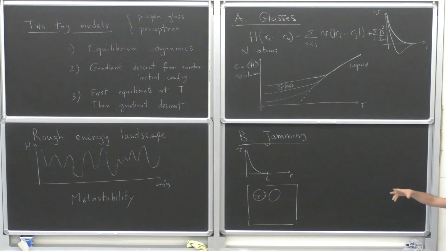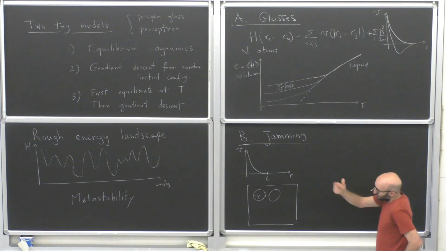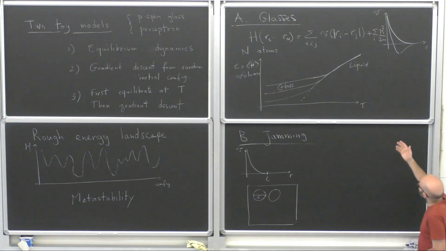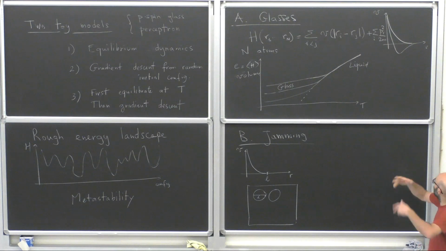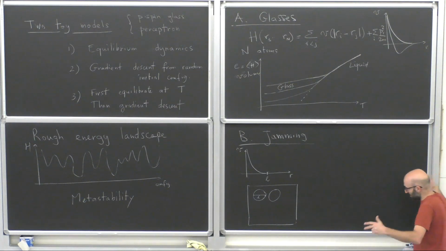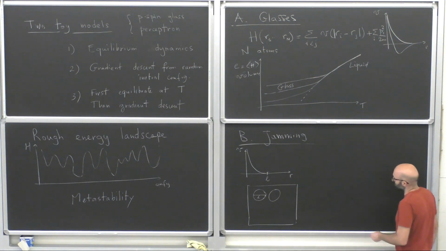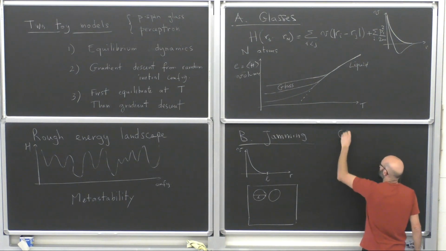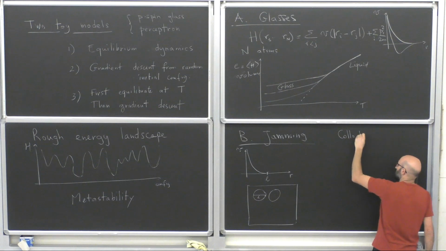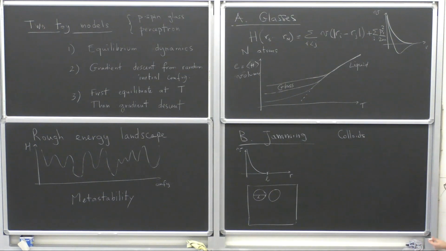This is not usually the case in atomic glasses, because there is always some long-range tail in the force. But this is the case in many systems like colloids. So essentially mesoscopic or macroscopic systems.